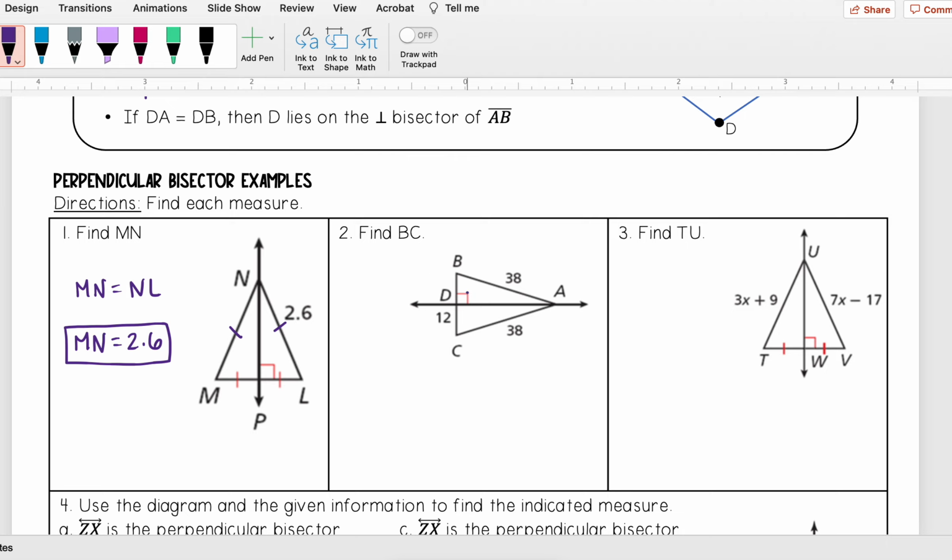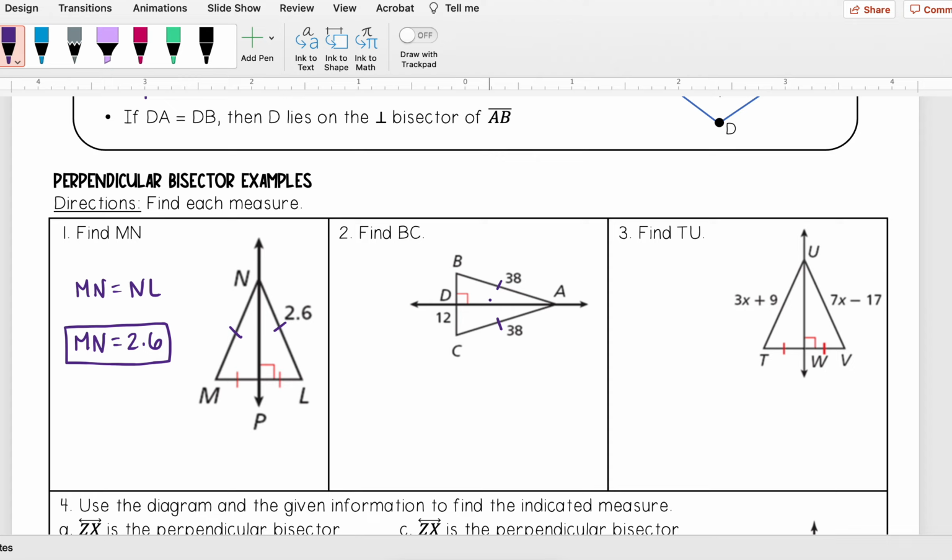Okay, so for number 2, we want to find BC. Here I see that I have two congruent segments. They're both length 38, so I know that AB is equal to AC. And I see that AD is perpendicular to BC, and I know that from this right angle that's here.